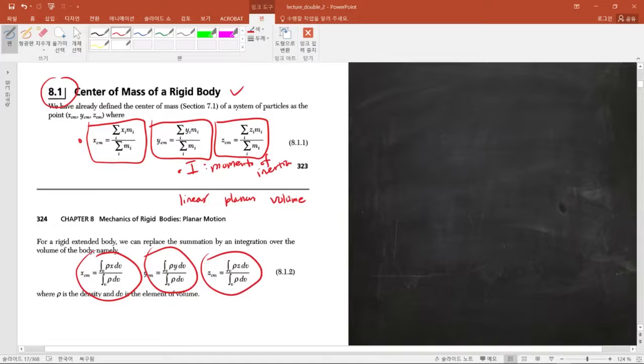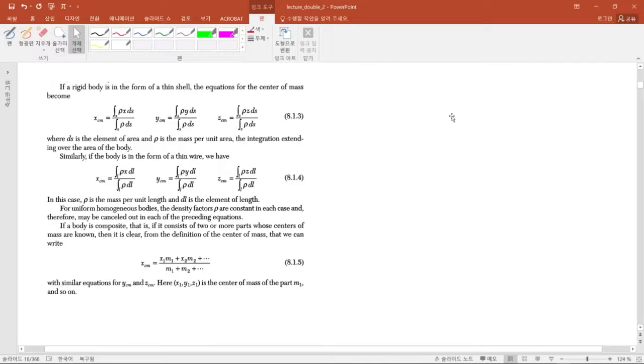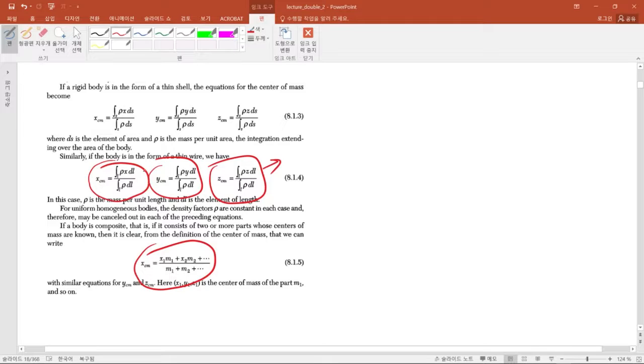So for each case, let's do some exercise. For continuous distribution, you have this one and this one and this one. For a discrete distribution, you have this one. We'll do some exercise with continuous distribution.